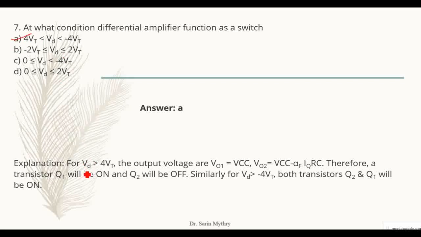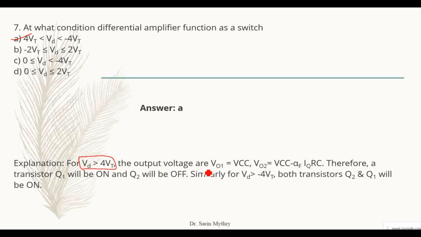Because your VD has to be always greater than 4 times of the threshold voltage. So therefore, the output voltage is calculated as VO1 for VD greater than 4 VT.